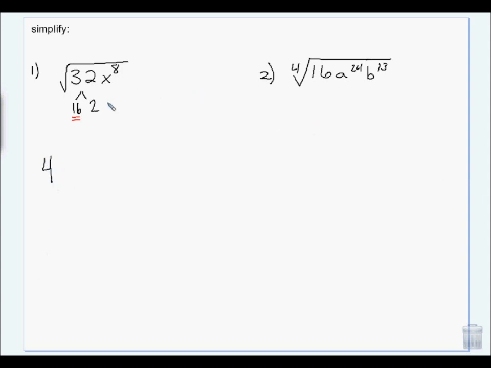And this 2 is like a remainder. It's going to stay behind. And then if I have an exponent of 8, I divide my exponent by 2 because I have a square root. There's like a little invisible 2 there. And 8 divides by 2 evenly, and that's 4. And so the only thing that's left behind is this 2.